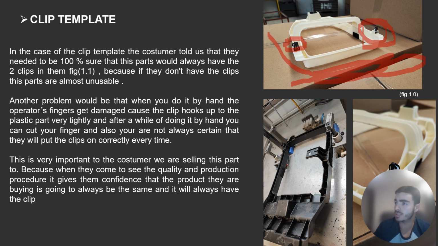If this piece goes to Nissan or to Honda without these two clips, it doesn't work. They return it and they fine you, because they are paying to receive the piece with these two clips. So here the company had problems because they sent some parts that didn't have the clips.